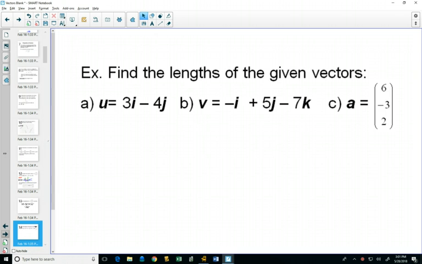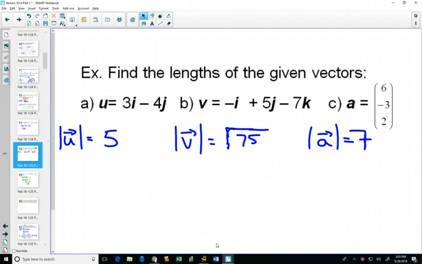So there are 3 for you to try. I want you to find the length, or the magnitude, of all 3 of those vectors. 5, root 75, and 7.